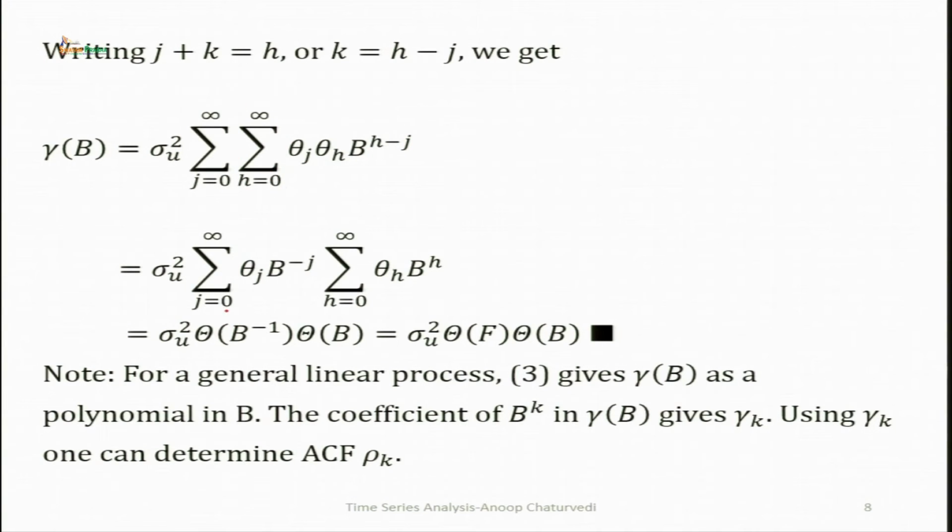So, you get summation over j theta j b to the power minus j, summation over h theta h b to the power h. Now, this is equal to sigma square u theta b inverse theta b, or you can also write it as sigma square u theta f theta b, where f is the forward shift operator. F is equal to b inverse.